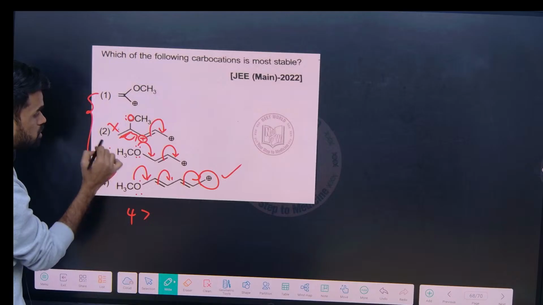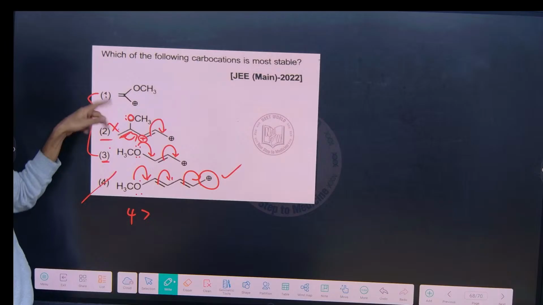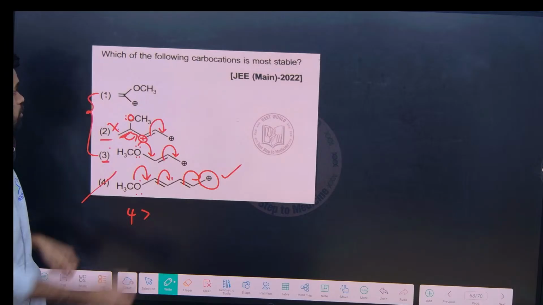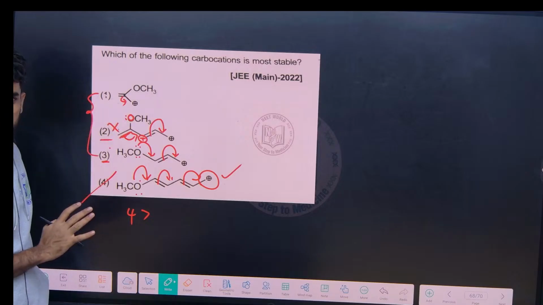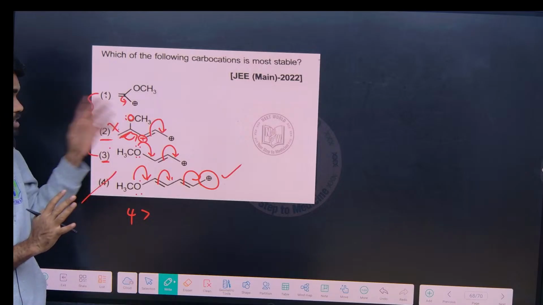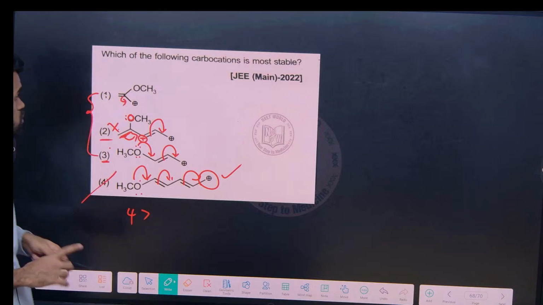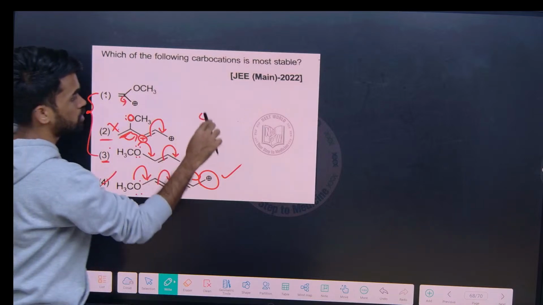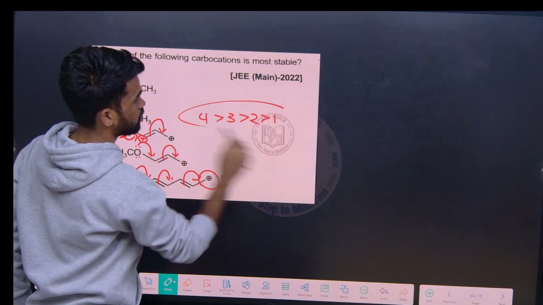So 3 is more stable than 2. Is this clear? And between these two things, like this only, some small conjugation is there, which is cross conjugation, again pi electrons and these negative lone pairs. So which is more stable out of this? 4, next 3, 2, 1.